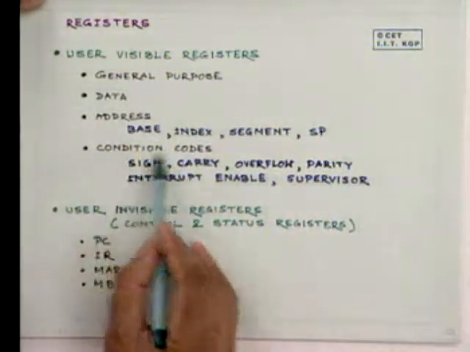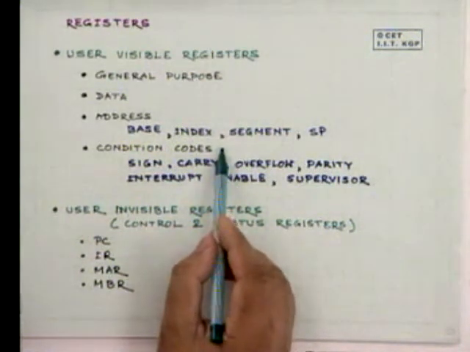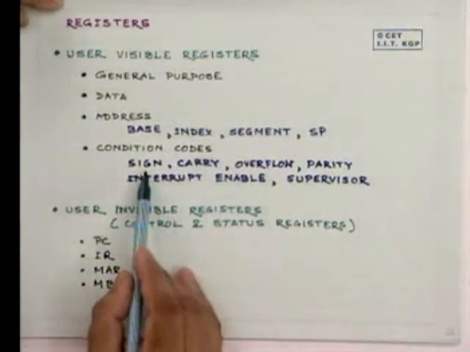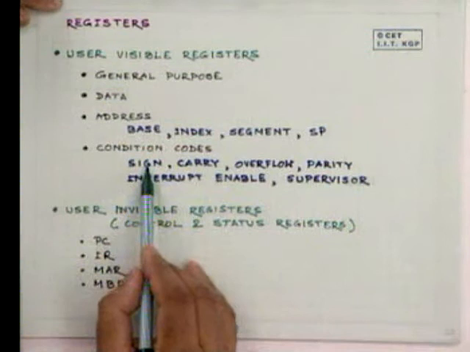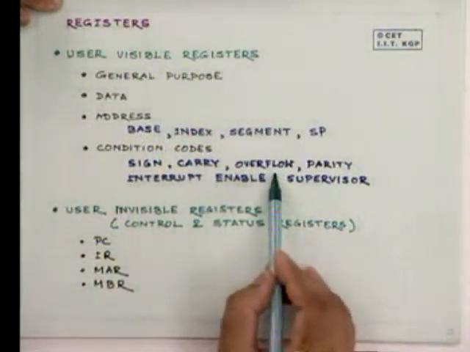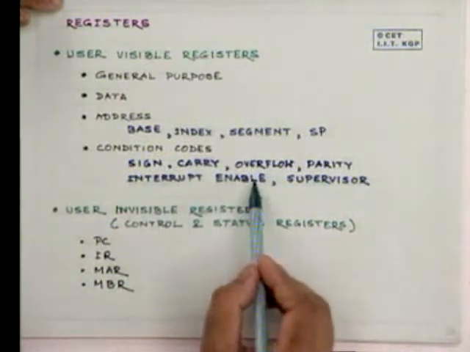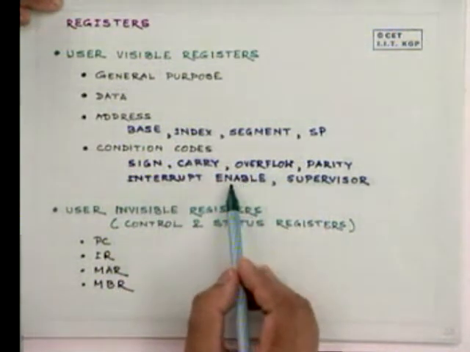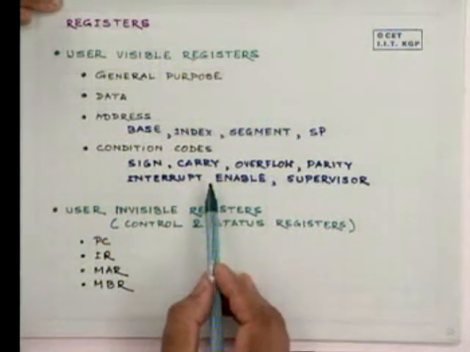We have condition code registers also. Mainly they are flags, and sometimes they are 1-bit registers, so to say. And while we were discussing arithmetic operations, we talked about the sign flag, carry flag, overflow flag, parity flag. There can be one-bit registers such as interrupt enable, saying that the interrupt from outside is enabled.